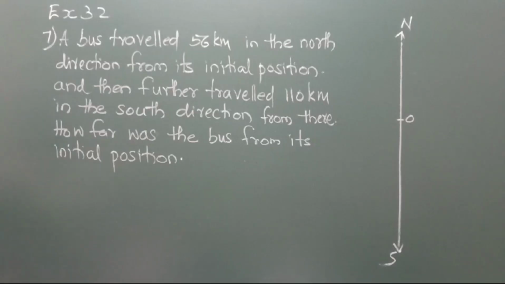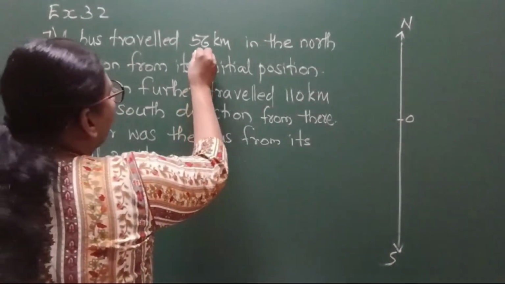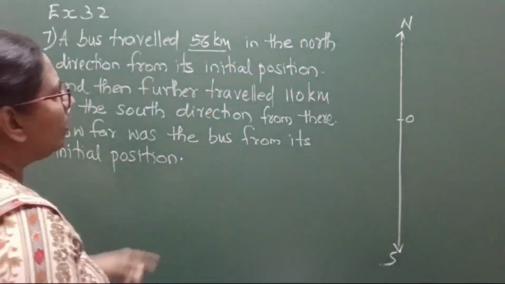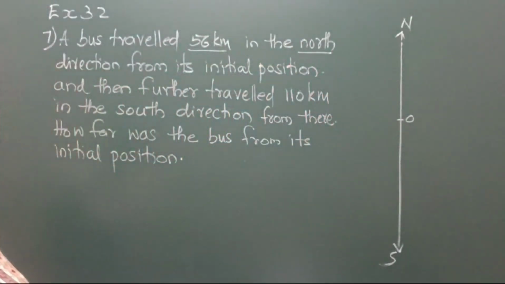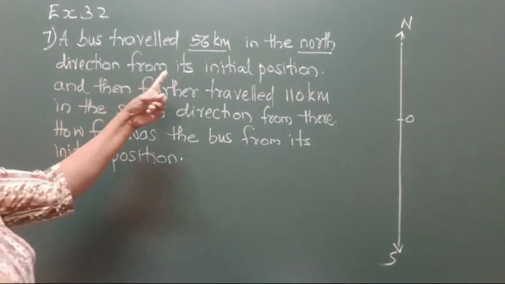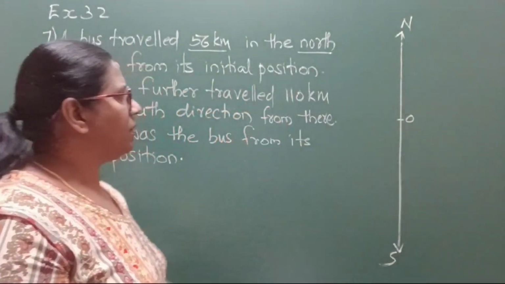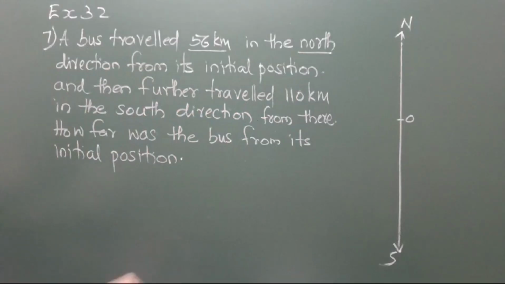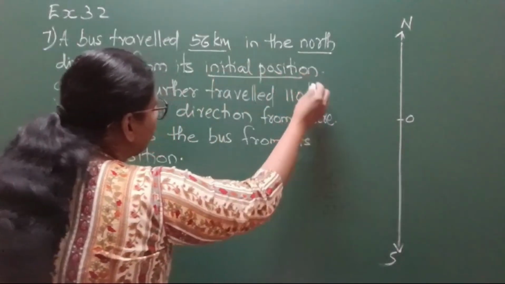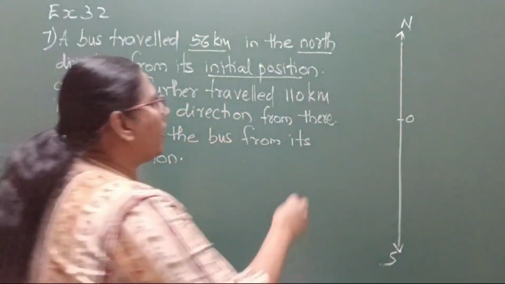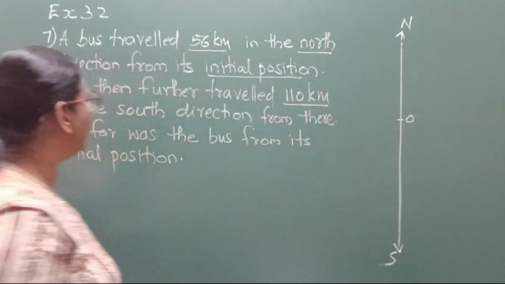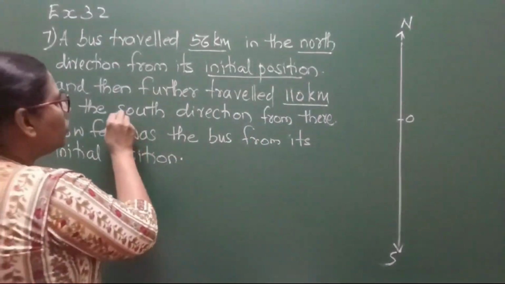Our next question is, a bus travelled 56 kilometer in the north direction from its initial position. From the initial position, which is important, and then further travelled 110 kilometer in the south direction.